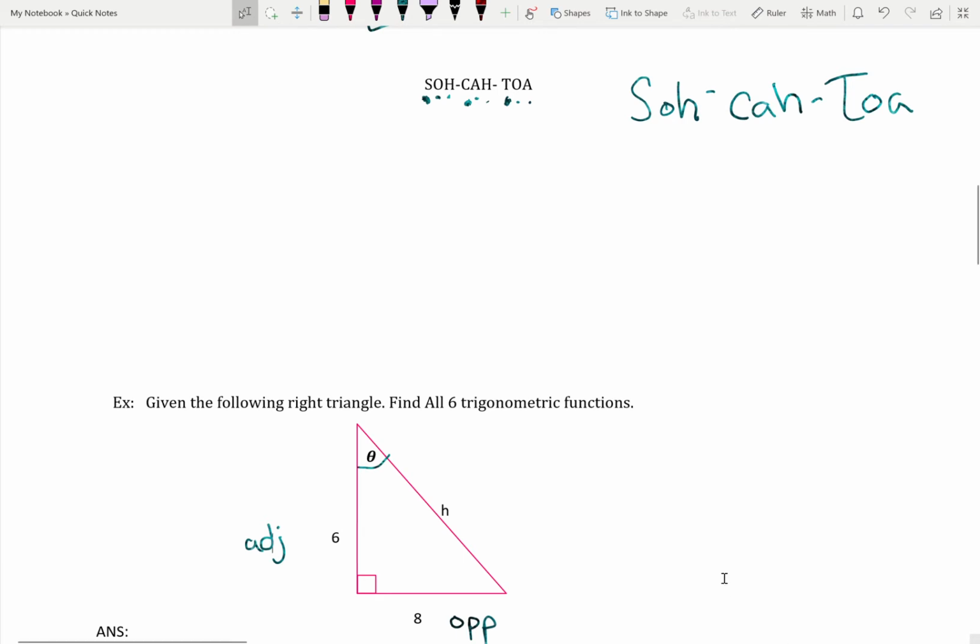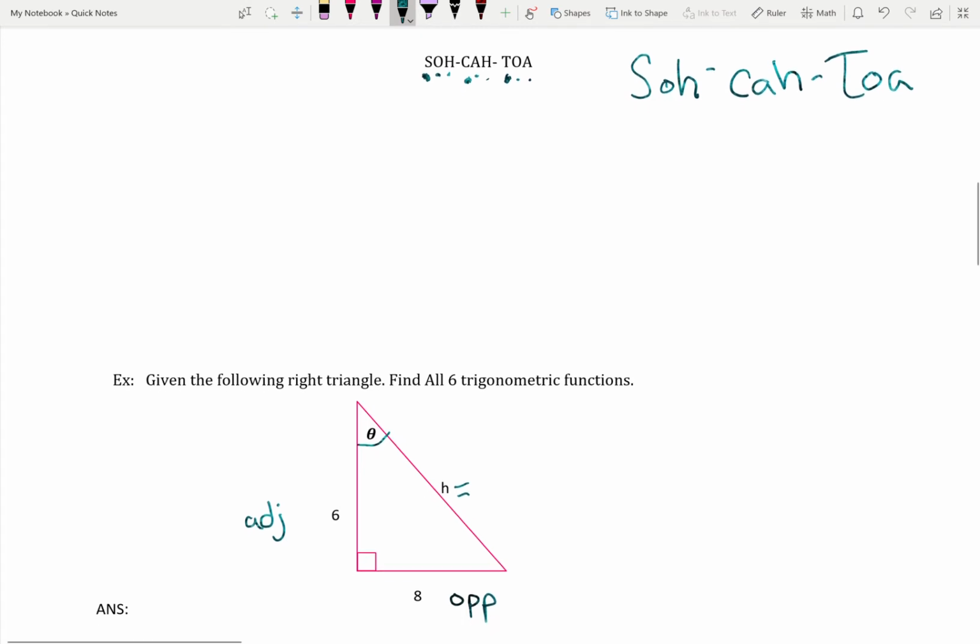Now notice how a triangle has 3 sides, but we're only given 2 of them. So guess what we got to do? We got to figure out what h is equal to. H has to be equal to some length, and we need a way to figure out what that length is. And this is why we work with right triangles for the most part, because we have a formula for finding out the sides of a right triangle, and that's called the Pythagorean theorem.